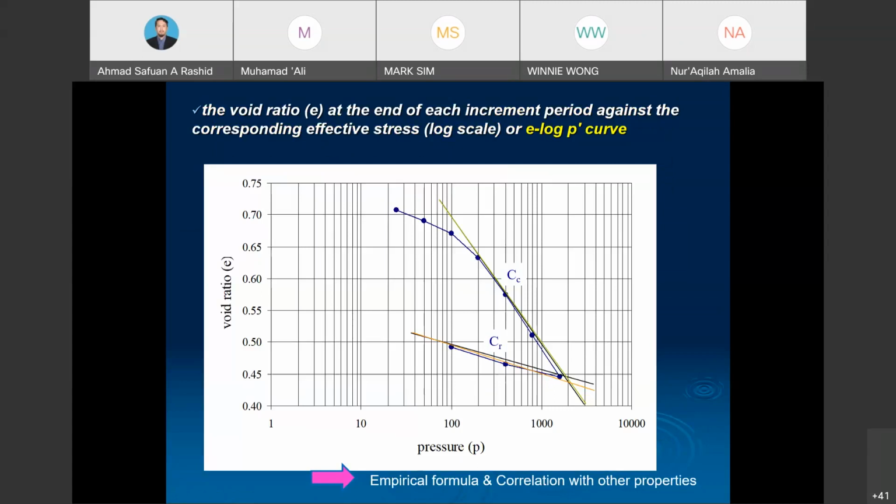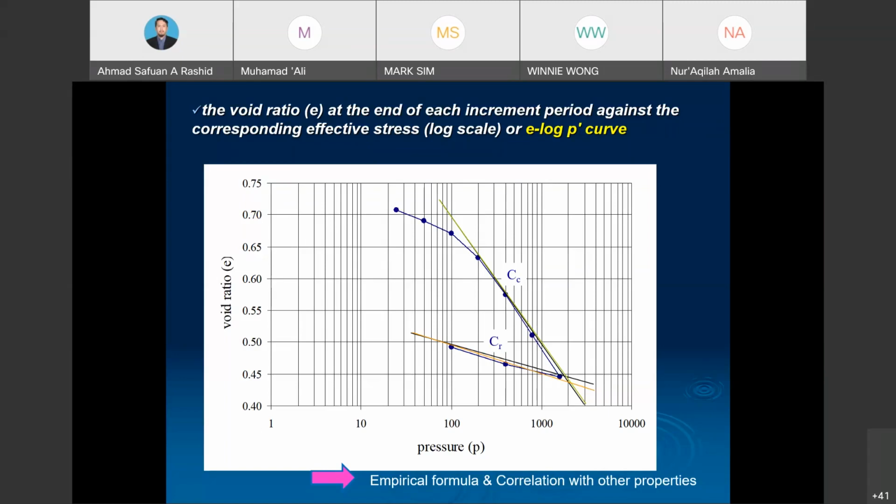The best is to use the CC and CR because it only has one single value, and at the same time the approach for the CC and CR could cater for a different historical consolidation or historical stress on the soil. So either we can consider the normally consolidated or the over consolidated case. I will explain later on.